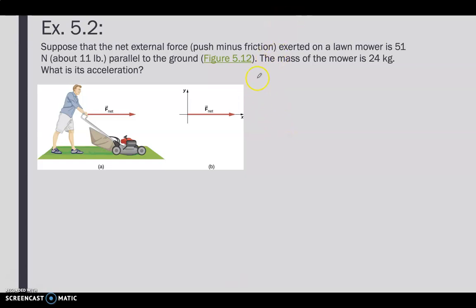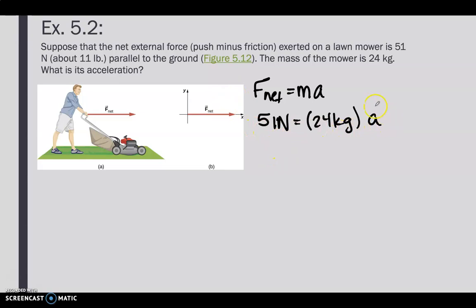So we just found that net force is equal to mass times acceleration, and we were given the net external force, and that was 51 newtons. We were also given the mass of the lawnmower, which was 24 kilograms.